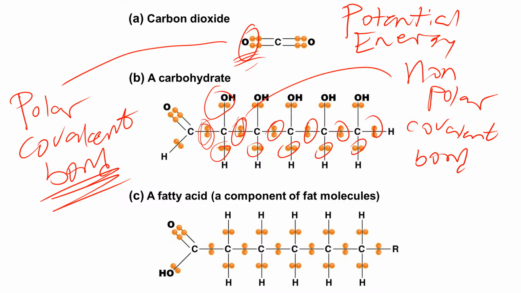You release energy. Now, a fat is a hydrocarbon, which we'll get to a little later, but notice here that it's chock full of potential energy. Fatty acids have a higher amount of potential energy than carbohydrates.